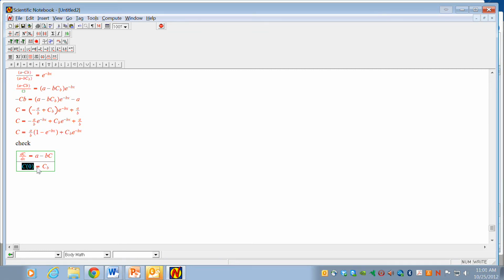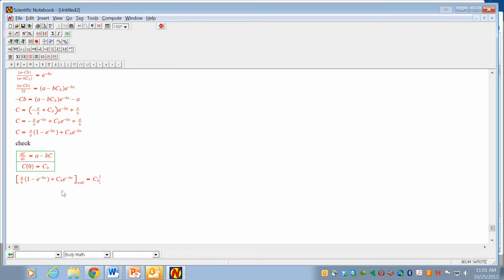The first thing, the easiest one, is just to see if it satisfies this boundary condition. So the concentration equals this, and if we substitute in x equals 0, we should get that the concentration equals C sub B. And indeed we do.